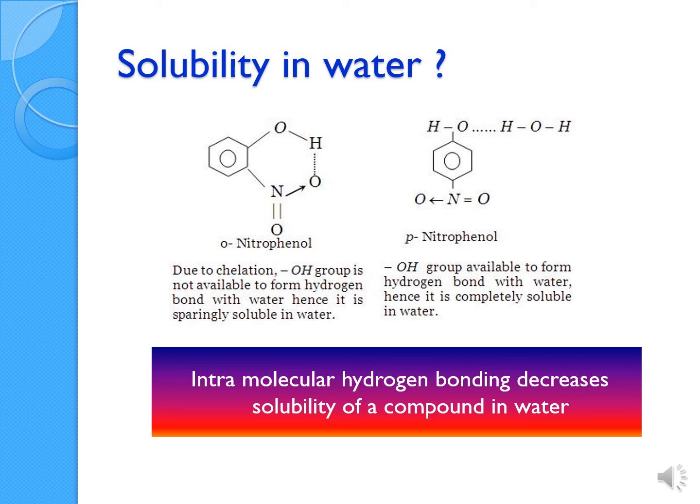We will be given two isomers and you will be asked to identify the molecule with higher boiling point or lesser boiling point, or higher solubility and lesser solubility, and so on. It need not be orthonitrophenol, it can be any other molecule which shows hydrogen bonding, like salicylic acid or salicylic aldehyde, etc.